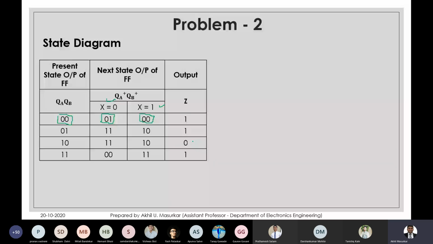So how many states can you see? Okay, let me note down. Okay, Aditya Shirsat, can you unmute?